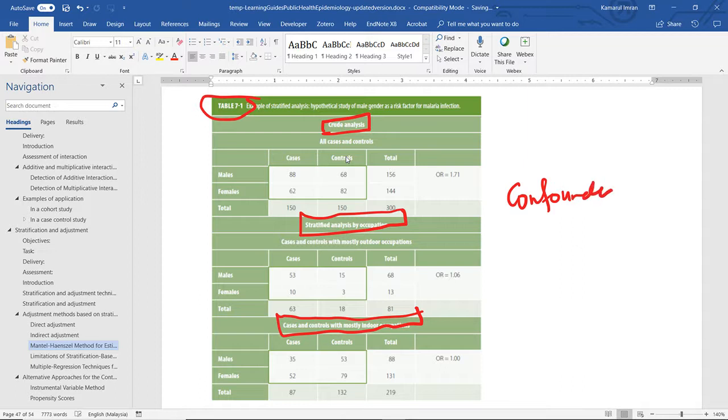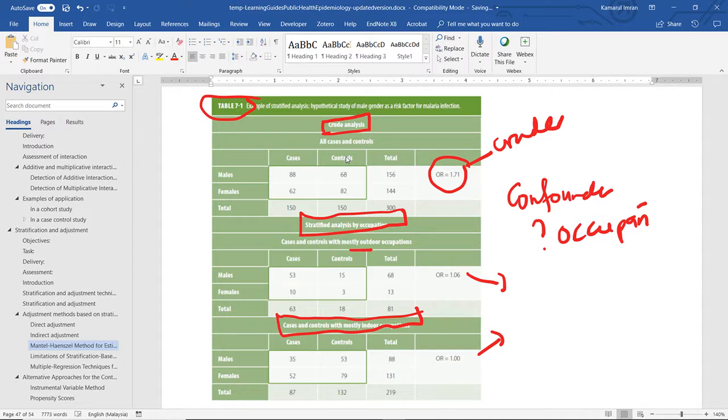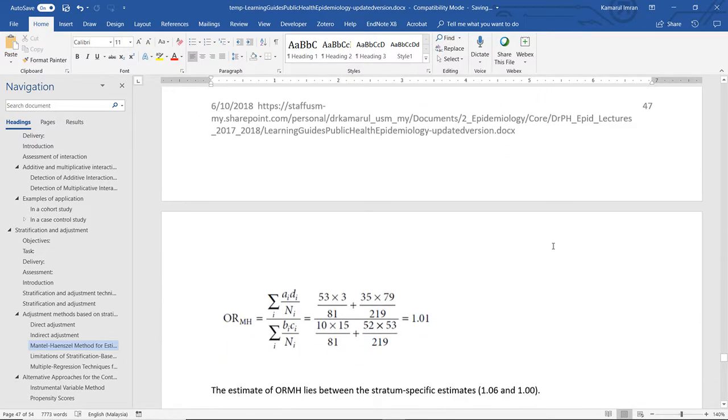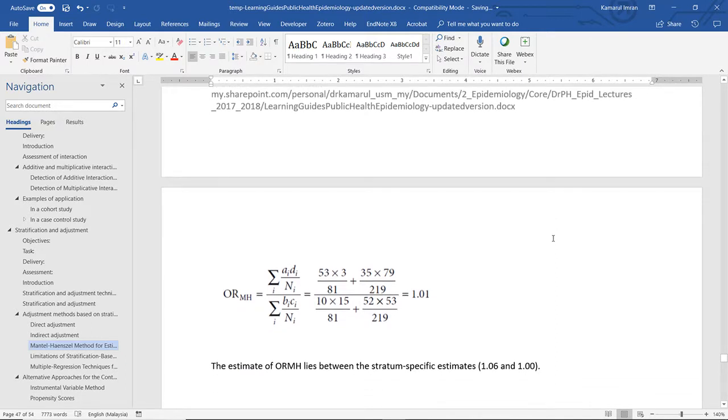So this is the crude odds ratio, this is the stratified odds ratio. But now we are going to calculate the Mantel-Haenszel odds ratio.